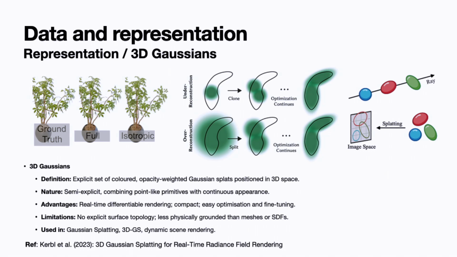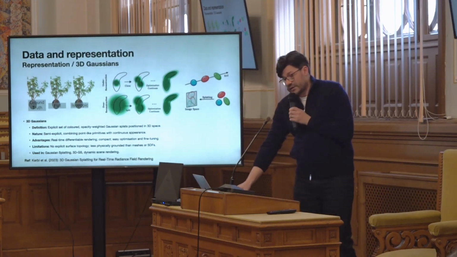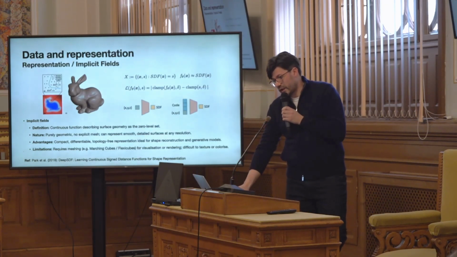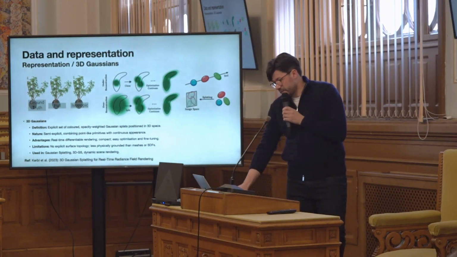And so we can represent a scene by a bunch of little Gaussians spread over the space, and it's super easy to render them because we basically create a plane, we project all these Gaussians on it, and there we go. So we can have a scene and render it super fast. And in my talk, there are other representations as well, but I'm going to focus on these two: meshes and the Gaussians.